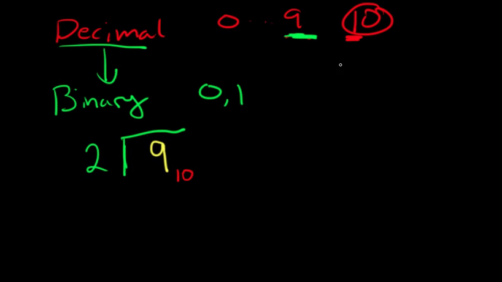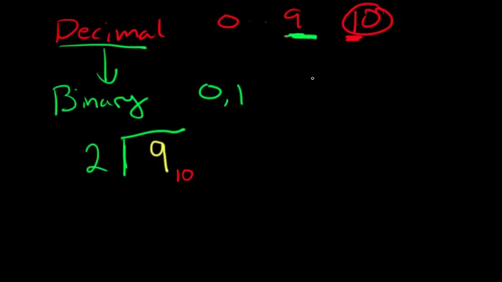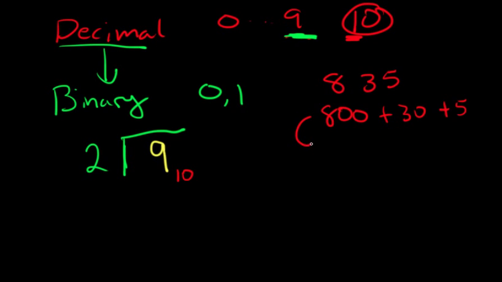And the 2 is the base. This is kind of an aside, but in a number system you have bases. In decimal, a number like 835 is 800 plus 30 plus 5, and we can reduce this further by saying 8 times 100 plus 3 times 10 plus 5 times 1.